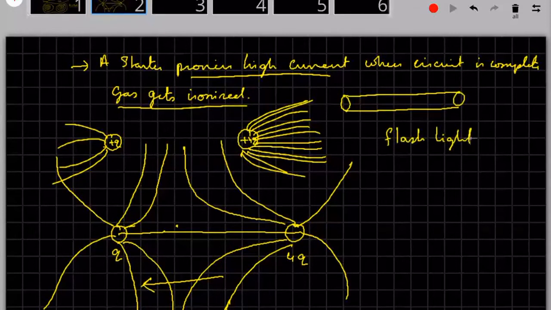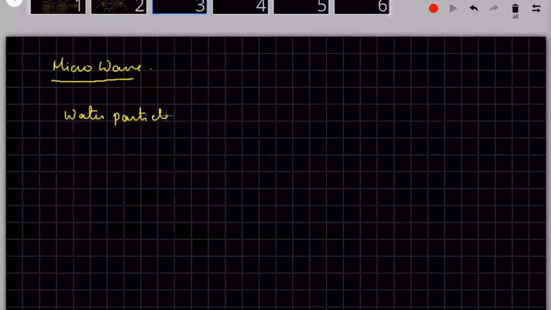The next thing is, I asked you what is the principle behind the working of a microwave. A microwave is primarily used to heat food. Now, you don't heat perfectly dry food. You heat food which has water particles. Now what is water? Water is basically a dipole.